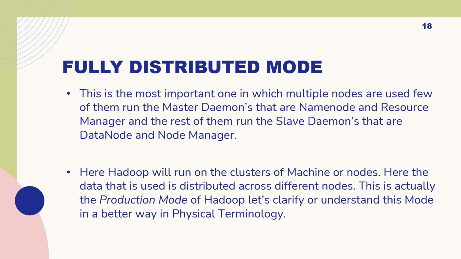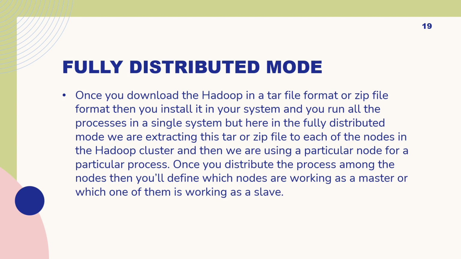Let's understand this mode in a better way in physical terms. Once you download Hadoop in a tar file or zip file format, you install it in your system and you run all the processes in a single system. But here in the fully distributed mode, we extract this zip file onto each of the nodes in the Hadoop cluster, and then we use a particular node for a particular process.